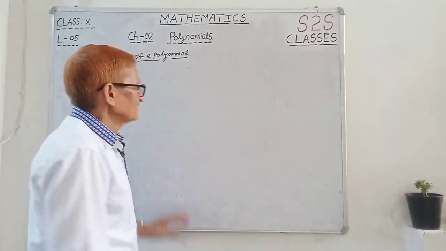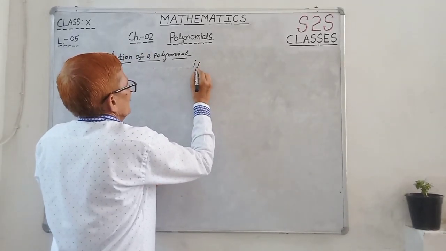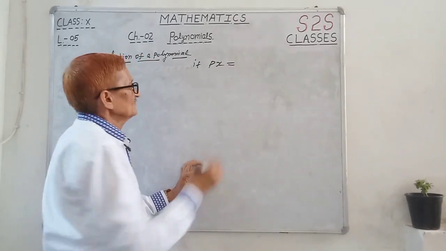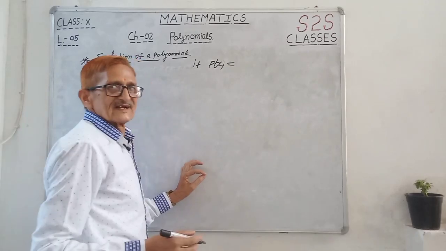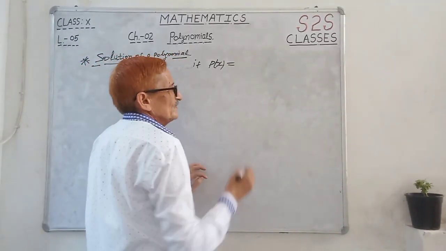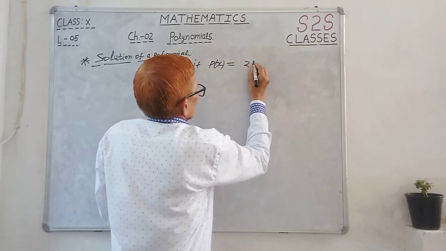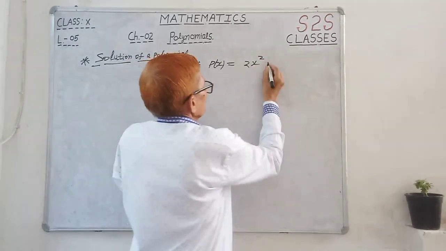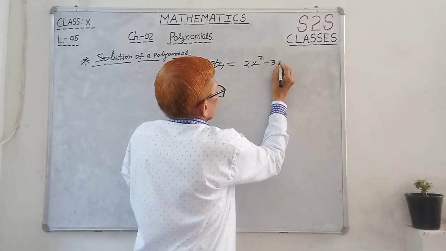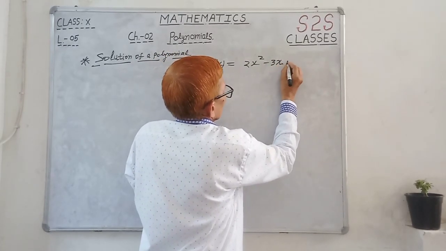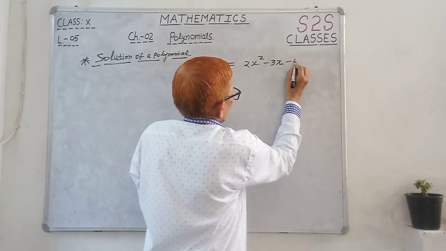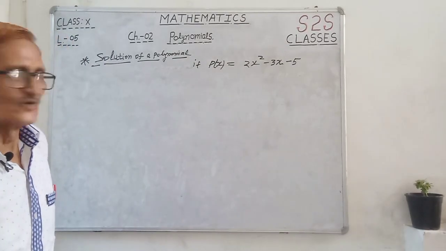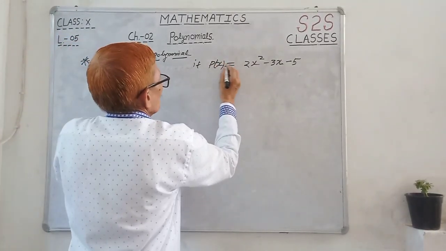If it is a quadratic polynomial, if px is equal to 2x square minus 3x minus 5, this is a quadratic polynomial.